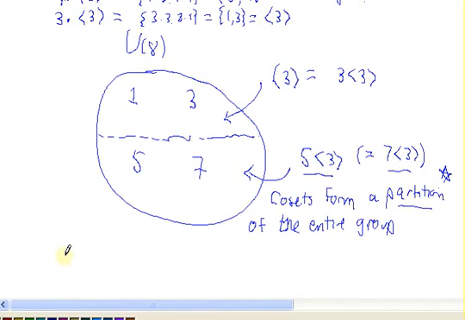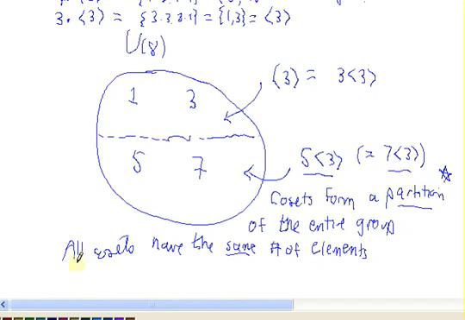So all cosets have the same number of elements, and that's equal to the number of elements in the subgroup. Okay, because the subgroup itself is in fact a coset.